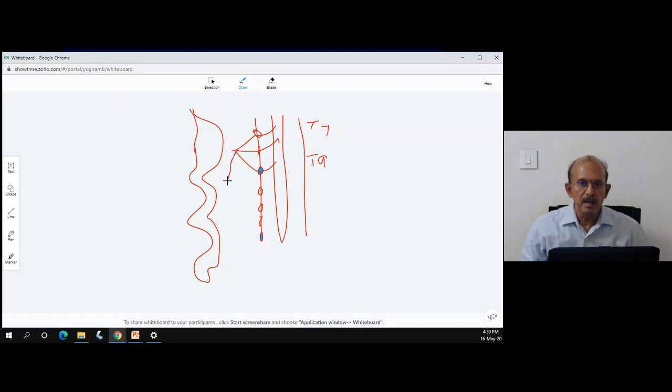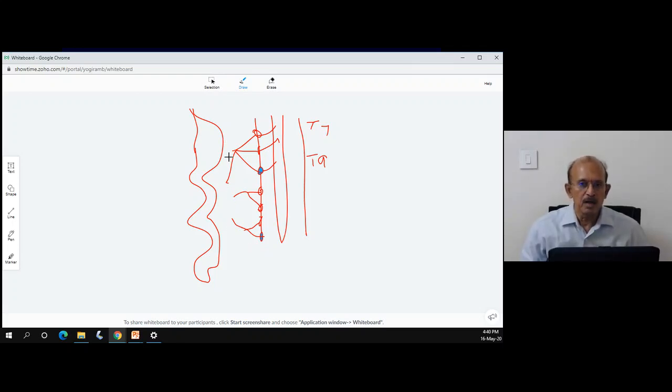That's called the greater splanchnic nerve. From T10 and T11, the efferent fibers join together and form a nerve called the lesser splanchnic nerve. From T12, L1, sometimes L2, it gives a nerve called the least splanchnic nerve.